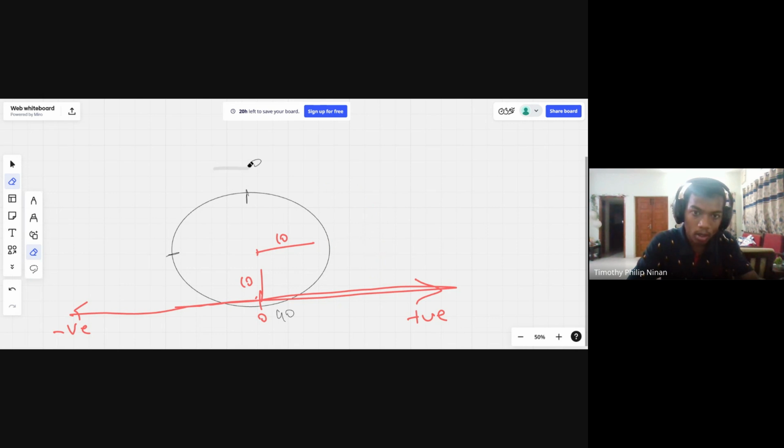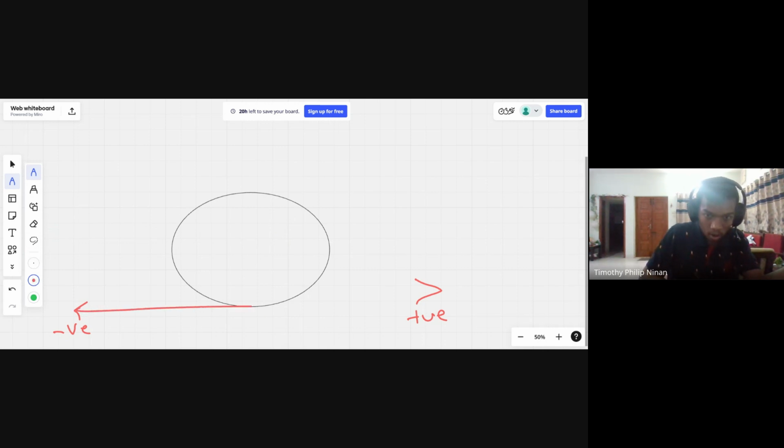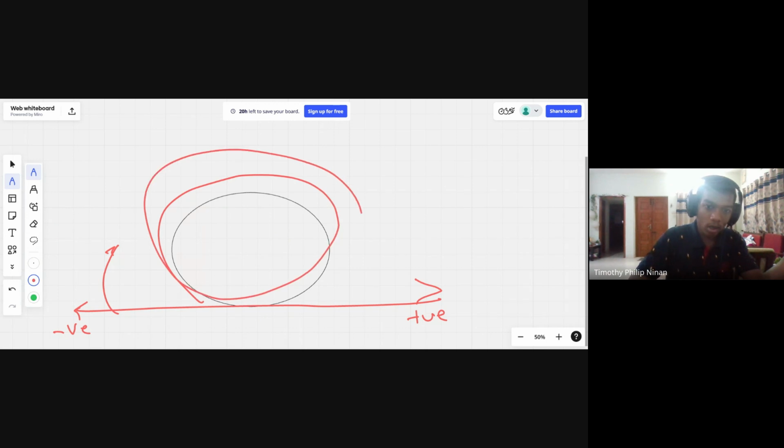Let me just rub most of the things. This is the negative part. Now suppose we wrap this way. As we can see, it will be 0 comma 0 still. Again, let's take this as 10 units. Okay, the units are 10.